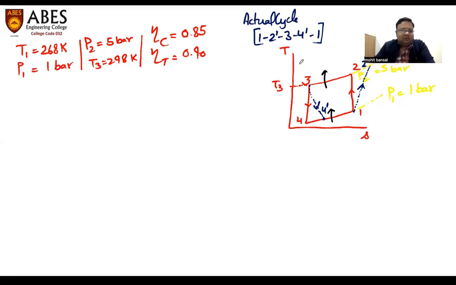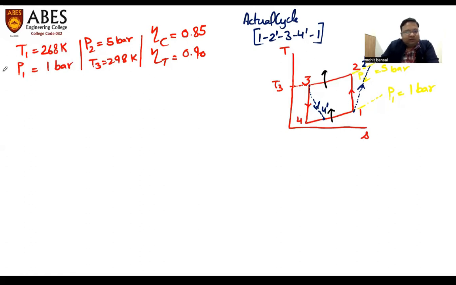Generally, these 2 temperatures are the only fixed temperatures, because T1 represents the temperature of the cabin or the refrigerator, and T3 represents the ambient temperature. So generally in any problem of the Bell-Coleman cycle, these 2 temperatures are given, and they are fixed temperatures also. The very first part is to calculate the temperature T2, which is on this reversible adiabatic, isentropic line.